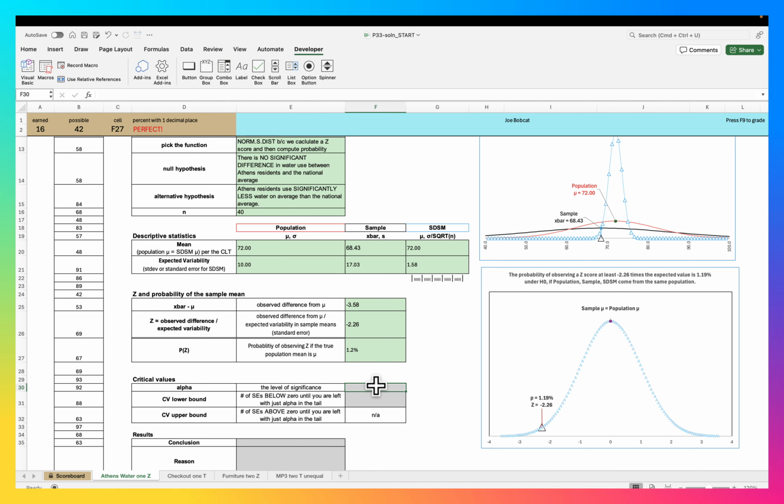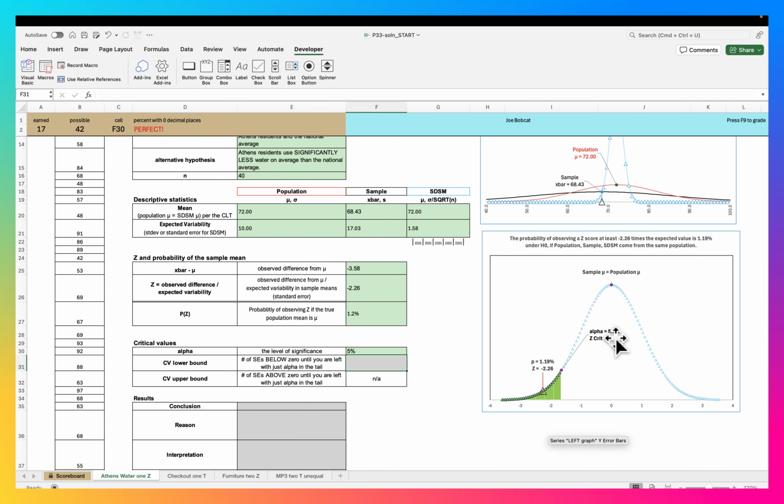Our level of significance, alpha, given in the problem was 5%, so we put a 5 there. And notice as soon as we do, this graph indicates where the 5% cutoff is. So there's alpha at 5%. The z critical value would be negative 1.64, and we're way down here at negative 2.26, so we're well within the rejection region.